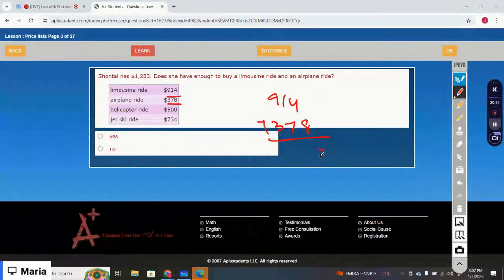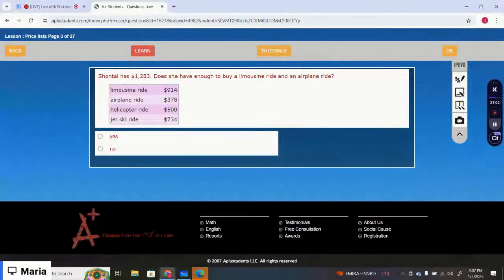So 8 plus 4 is 12, 7 and 8 is 15 and 1 is 16... the total is $1,292. So that means no, she doesn't have enough money. Got it? The correct option is no because she has $1,283, so she doesn't have enough money.